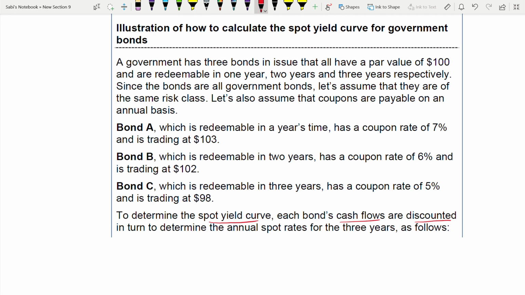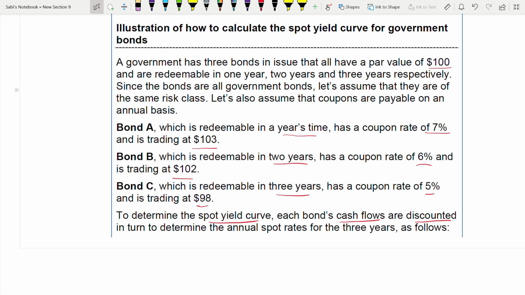Okay, this is the whole process. And the par value is 100 for all the three bonds. Bond A redeemable in 1 year, bond B in 2 years, bond C in 3 years. Coupon rates are 7%, 6%, 5%. And they are trading at 103, 102, 98.